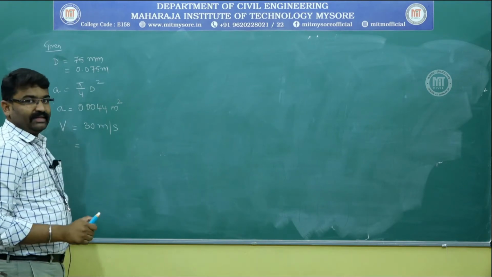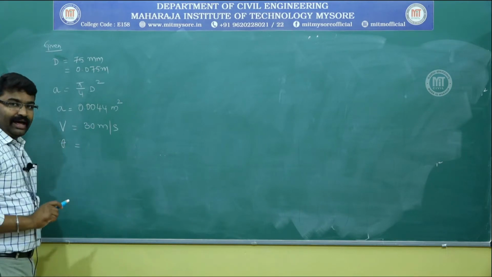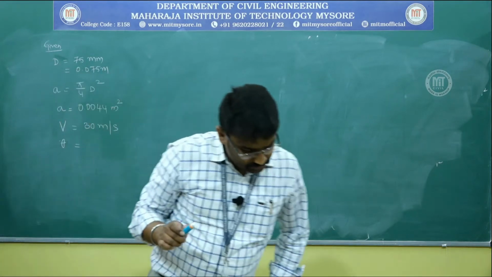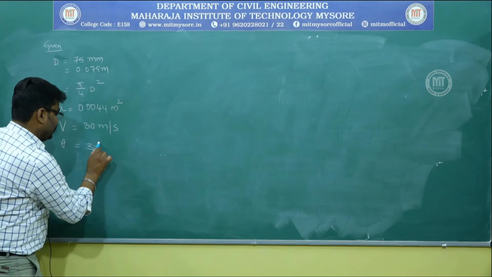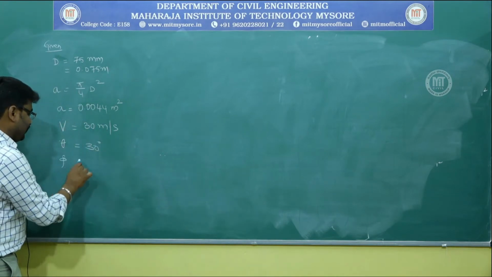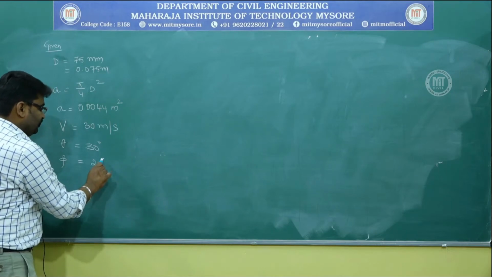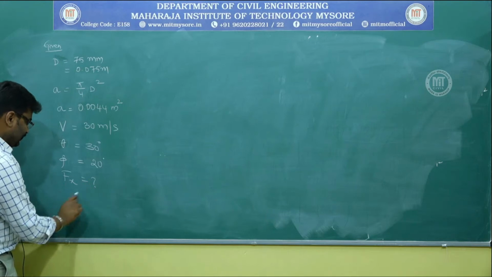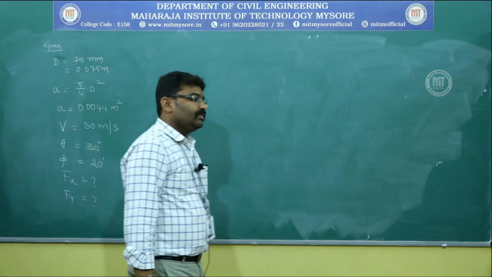The angle made by the jet at inlet with the horizontal, which I usually call theta, is equal to 30 degrees, and it leaves the vane making an angle of phi equal to 20 degree with the horizontal. Using this data, you will have to calculate what is Fx as well as what is Fy.